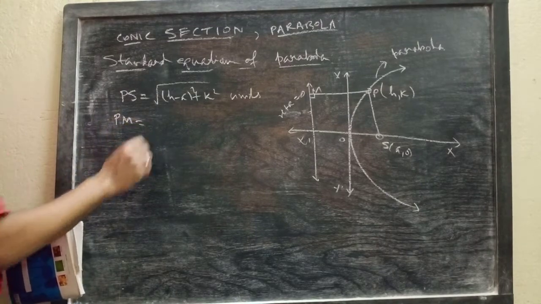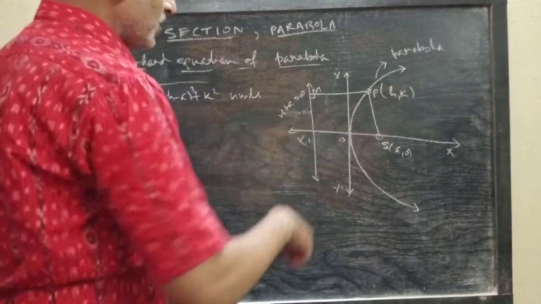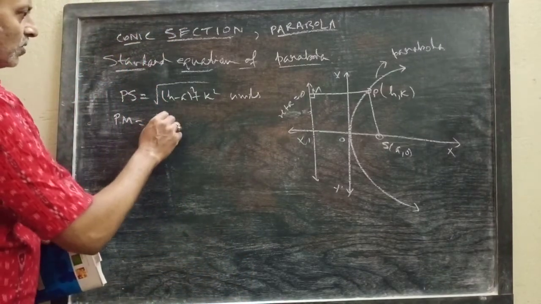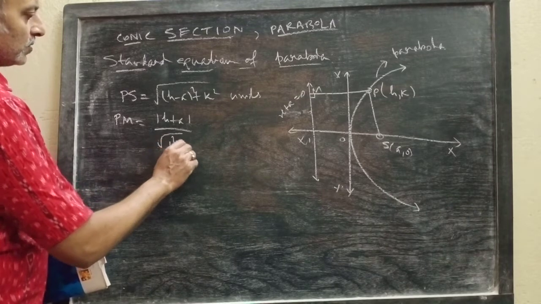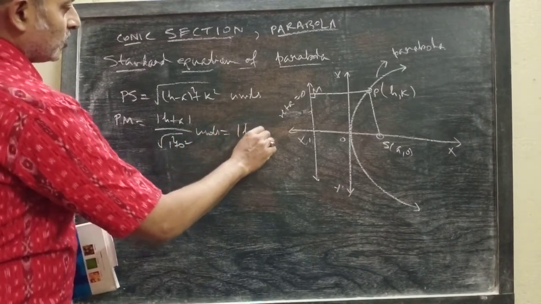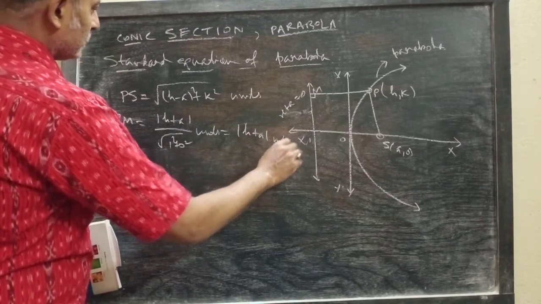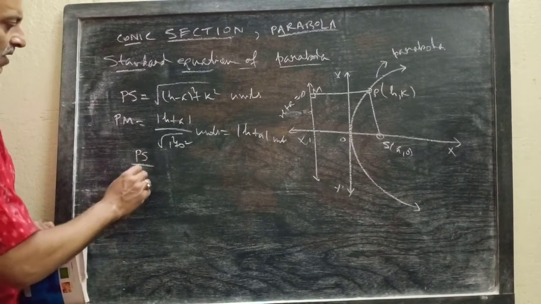PM is the perpendicular distance of the point P(h, k) from the line x plus a equals 0. This will be mod of h plus a over root of 1 square plus 0 square units, that is mod of h plus a units. Now by definition of parabola we know PS by PM is 1.